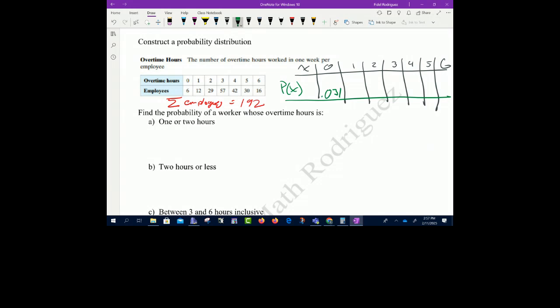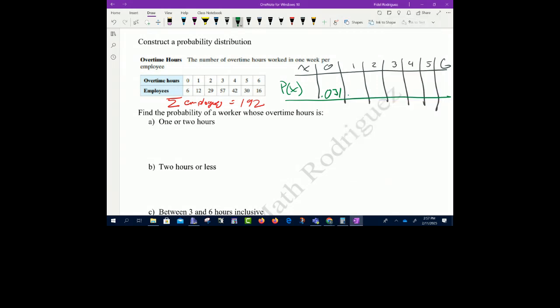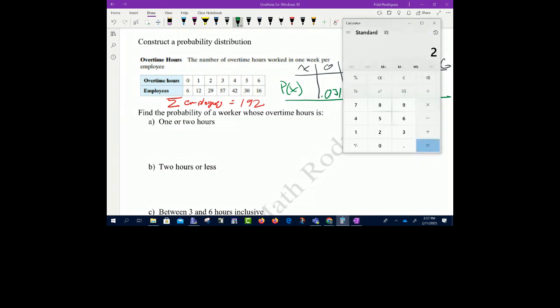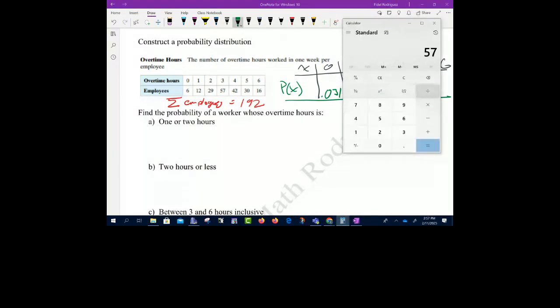Okay, now we're going to do the next one. 12 divided by 192 again. What do you think? 0.062 or 0.063? 0.063. So right here, 0.063. The next one, y'all, 29 out of the 192 again. 0.151. Okay. The next one, 57 out of the 192.